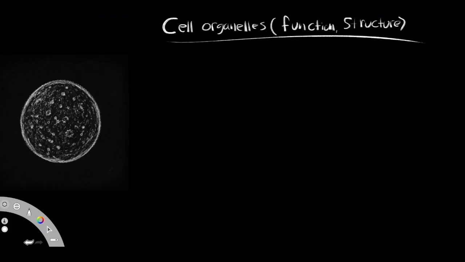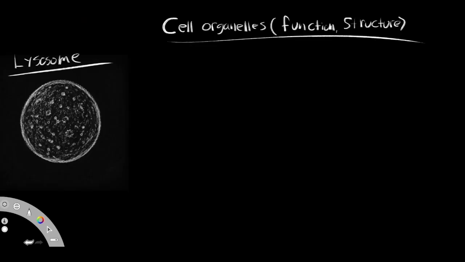Now, so far, all the organelles that we've covered fall within animal cells and plant cells. This guy that kind of looks like the planet Mercury, but obviously it's not, is called a lysosome.